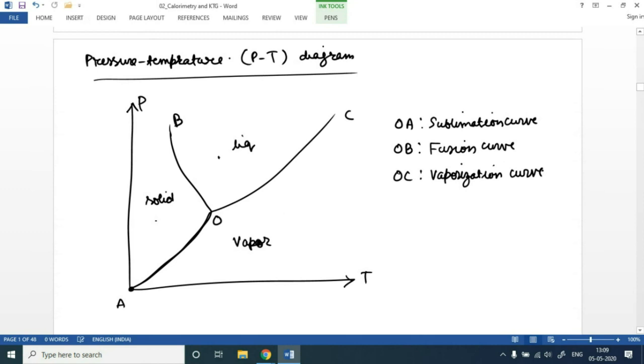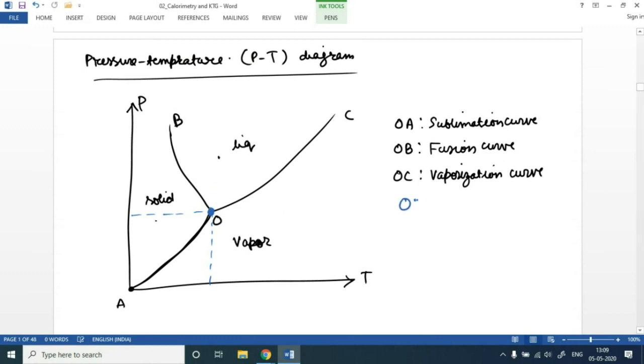And can you see any pressure and temperature condition where all the phases can coexist together? Obviously, let's look at this point O over here. This point is separating all the phases together. So at this specific condition of temperature and pressure, all phases of the material can coexist together.